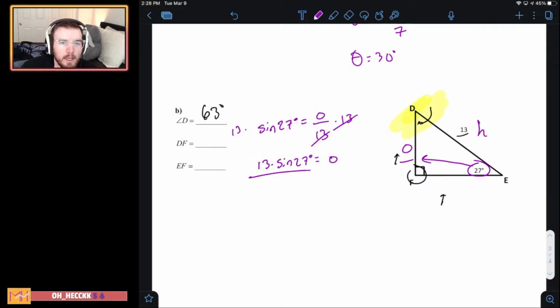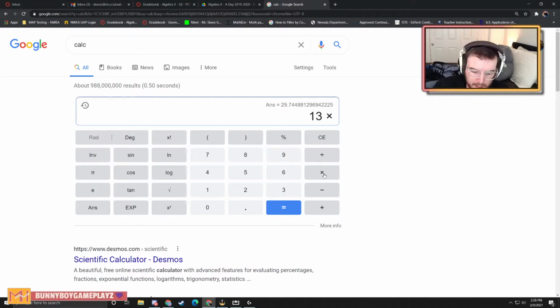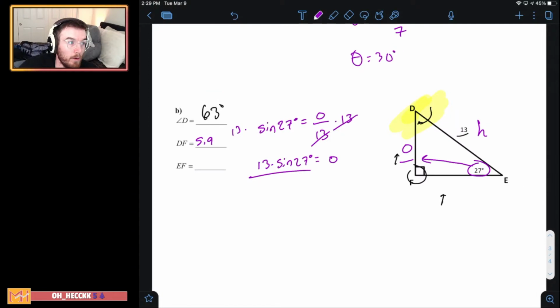So let me go ahead and pull that calculator up. 13 times sine of 27 in degree mode is 5.9. DF is 5.9.